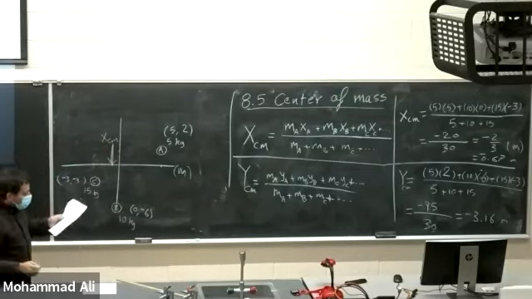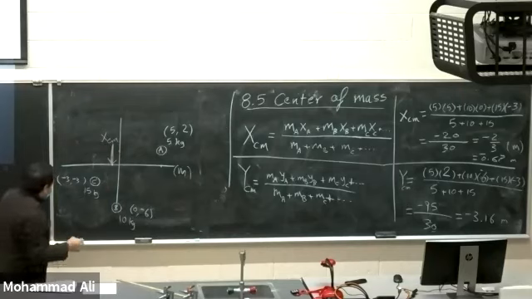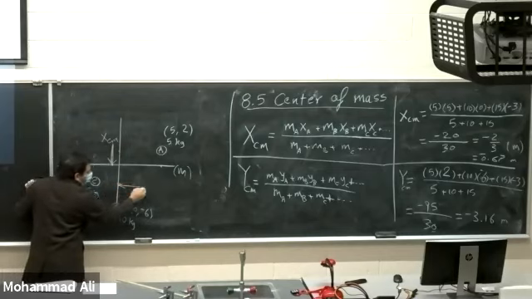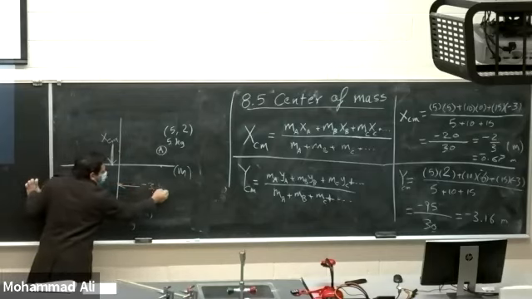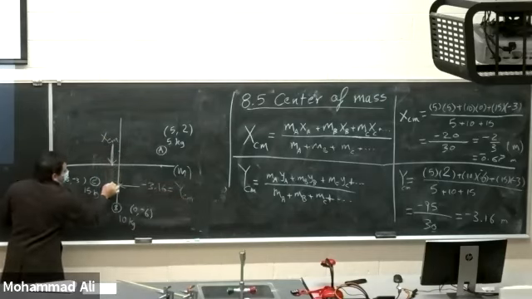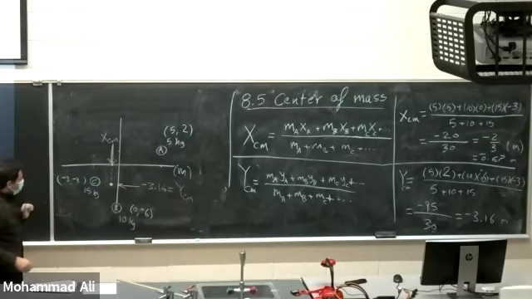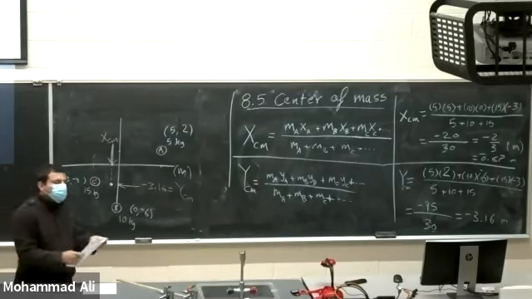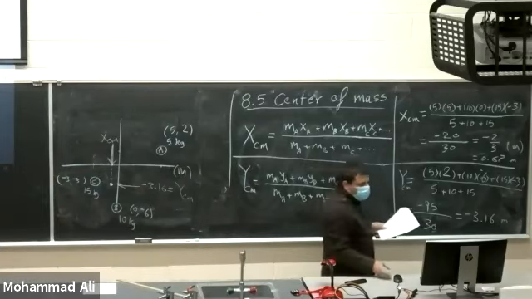In the y direction, it is negative 3.16. This is negative 3, this is 0.16. This is negative 3.16, which is equal to y center of mass. We have the position of the center of mass at this point. Is it logical? Do you agree with that? It's good for us. Any question about that? Online, any question about that?